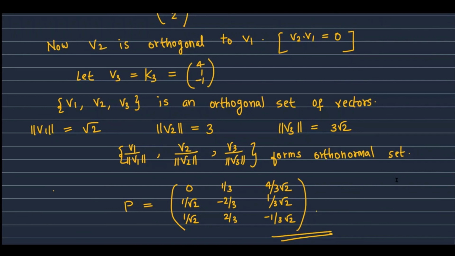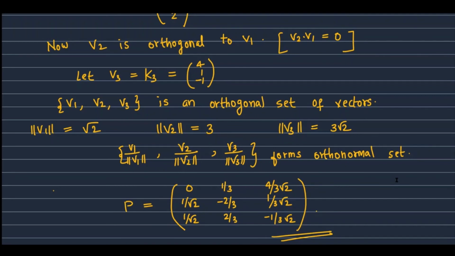Now we can write the orthogonal matrix. So from a given matrix A, we have constructed an orthogonal matrix P and P is 0, 1 by root 2, 1 by root 2, 1 by 3, minus 2 by 3, 2 by 3, 4 by 3 root 2, 1 by 3 root 2, minus 1 by 3 root 2. So in this way we can find the values.